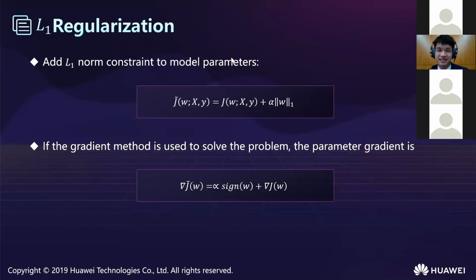Why can the penalty solve the overfitting problem? I will give you an example here. The Y means the loss and the X means the weight. So this line means the training data, and I will use another line.